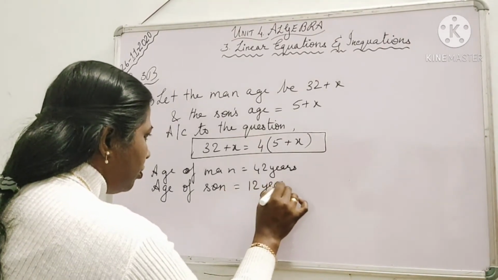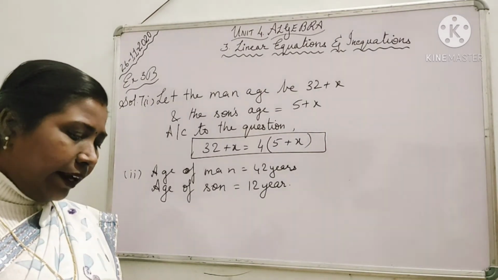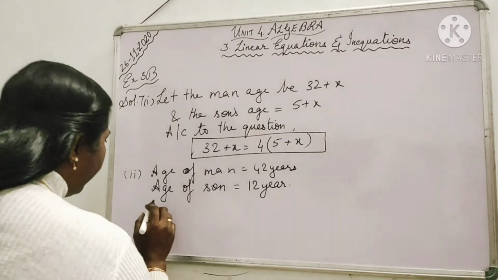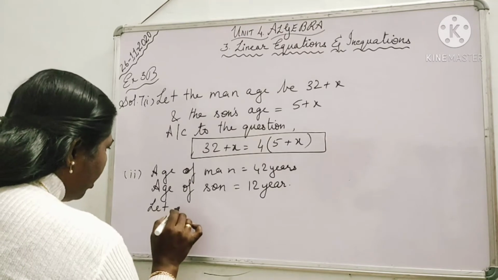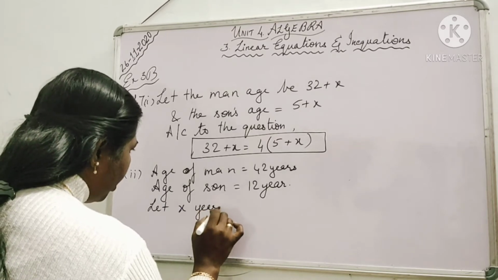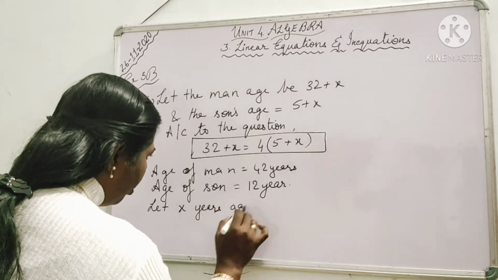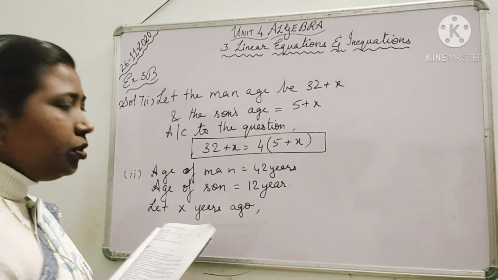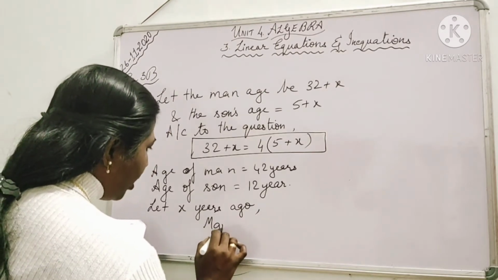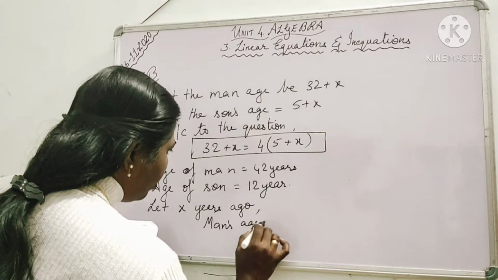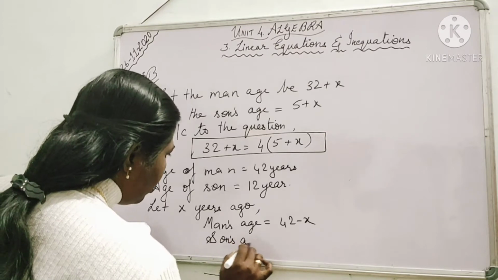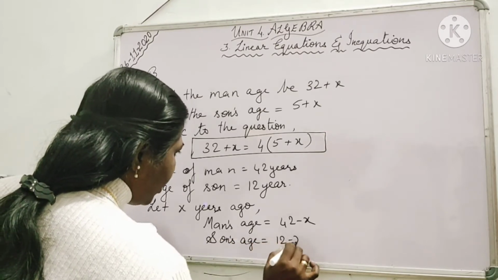Now let it be x years ago. Then the man's age is equal to 42 minus x, and the son's age is 12 minus x.